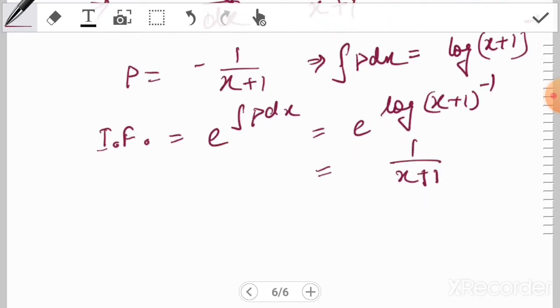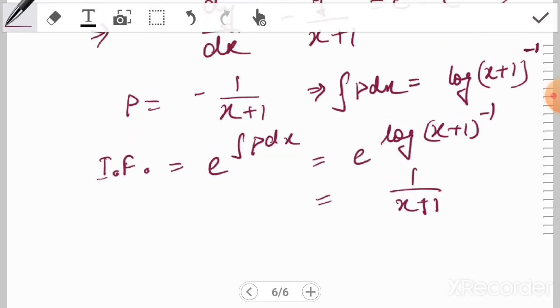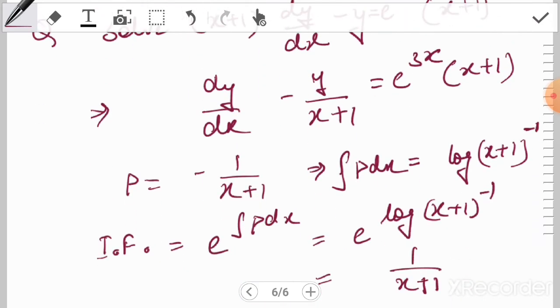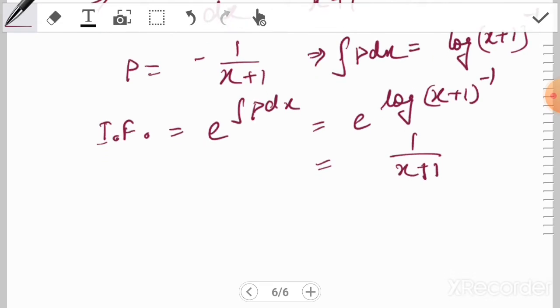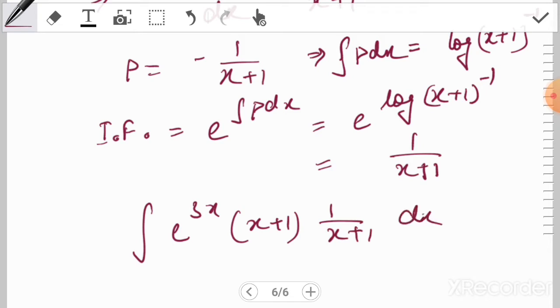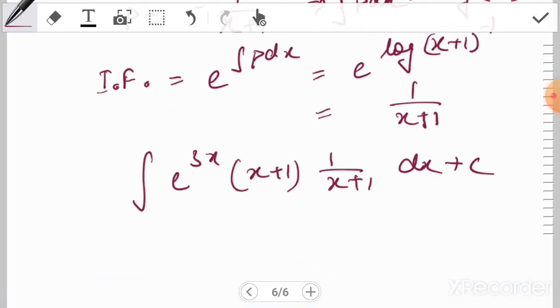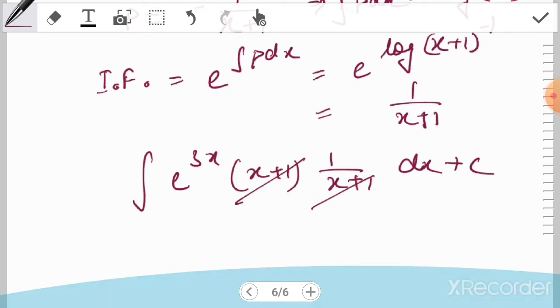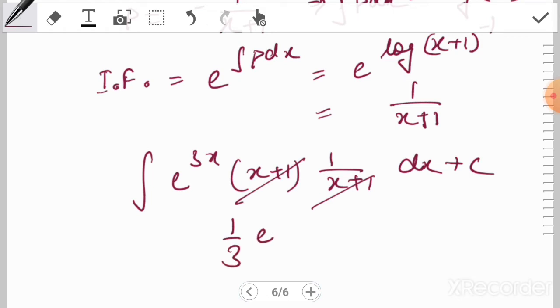Now the solution of this required differential equation is y times the integrating factor, that is y by 1 plus x, equals the integral of e raised to the power 3x, times (x plus 1) cubed, times the integrating factor, that is 1 by x plus 1, dx plus c. So x plus 1 gets cancelled. So we have 1 by 3 e raised to the power 3x plus c.